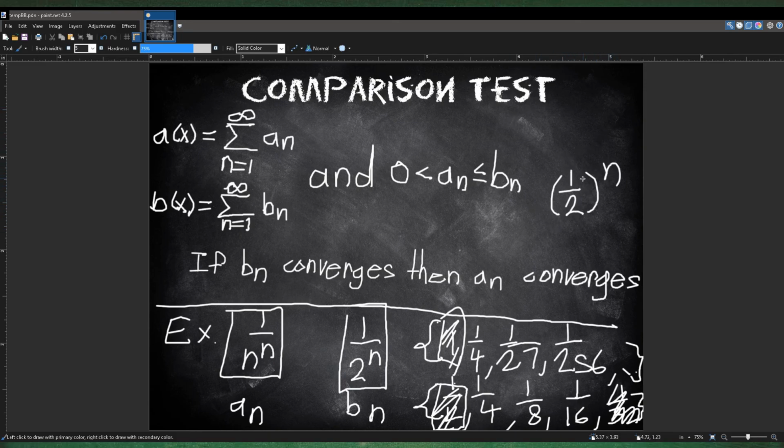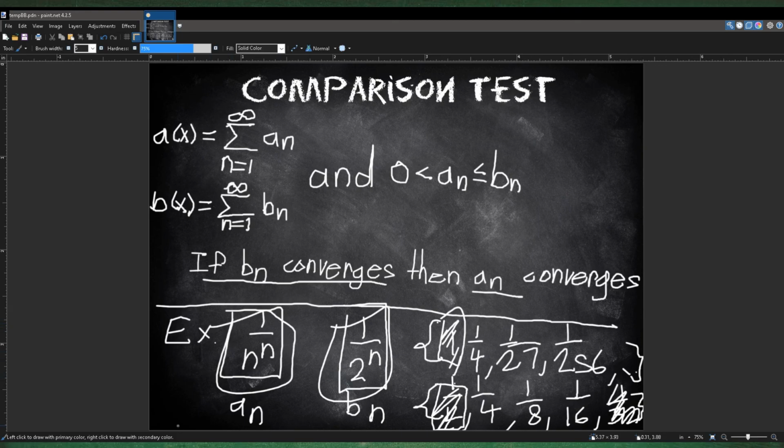Because if you distribute it out, it's just 1 to the power of n divided by 2 to the power of n. And 1 to the power of n is always 1. And 2 to the power of n is just 2 to the power of n, which is this equation, right? Since we already proved earlier in the video that 1/2 to the power of n converges, then since b of n converges, a of n converges.